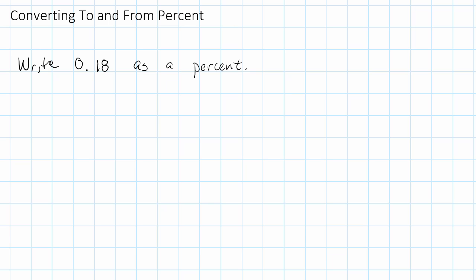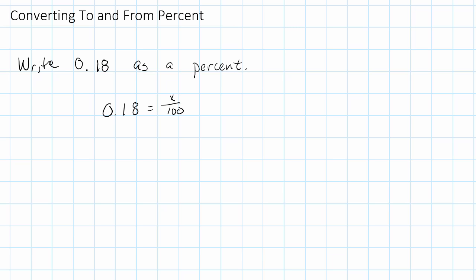Well, remember that our goal is to write it as a fraction out of 100. That is, we want to say 0.18 is some unknown number out of 100.